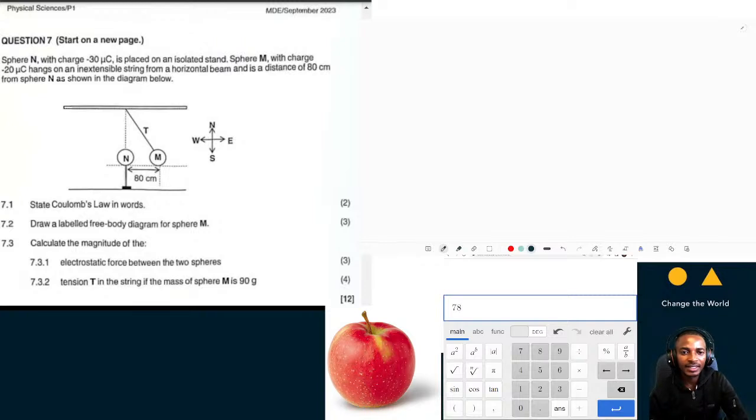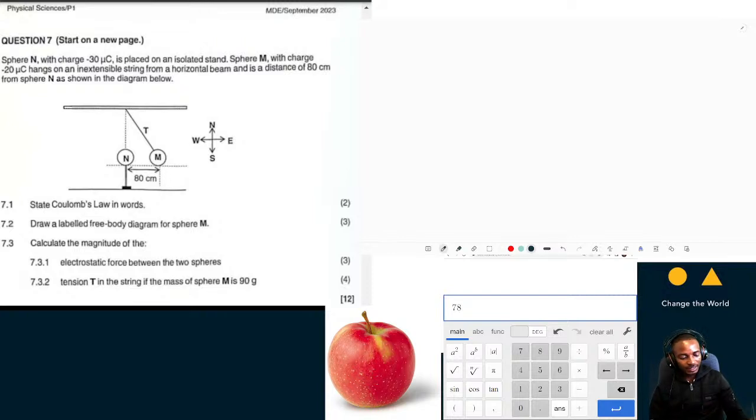Now this one is hanging on an inextensible string from a horizontal beam and is at a distance of 80 centimeters from sphere N as shown in the diagram below.